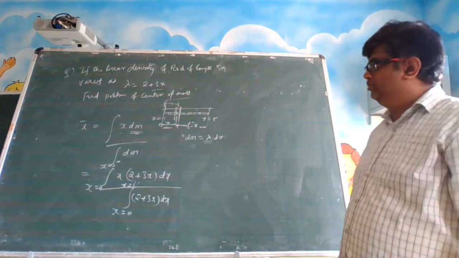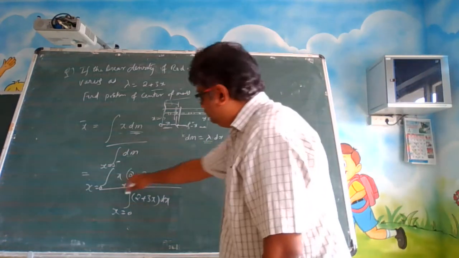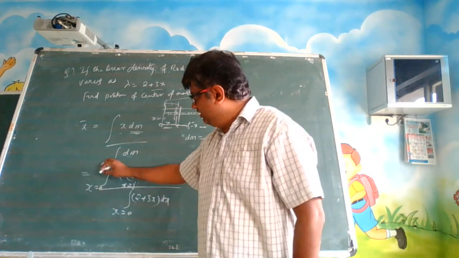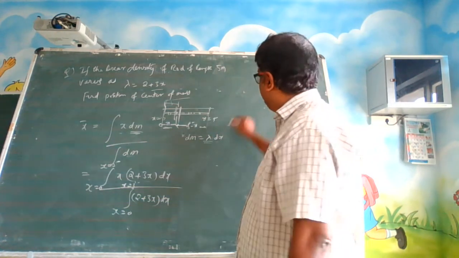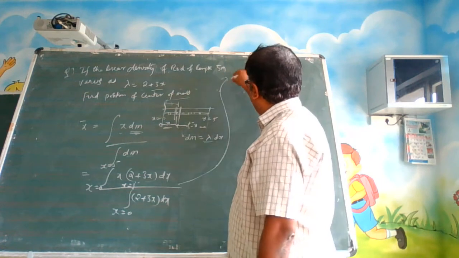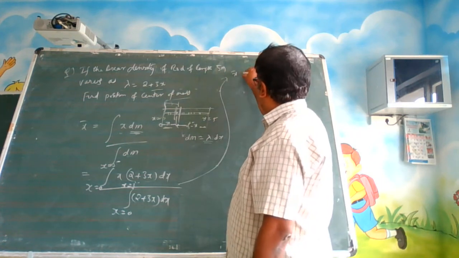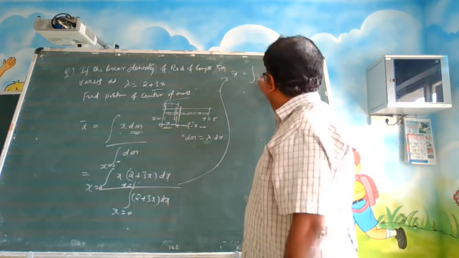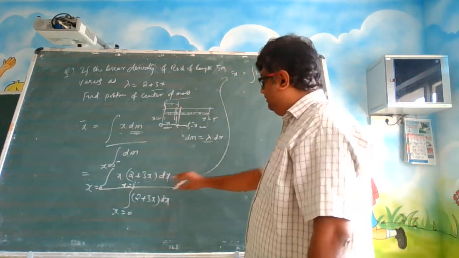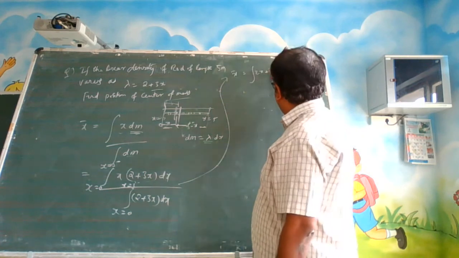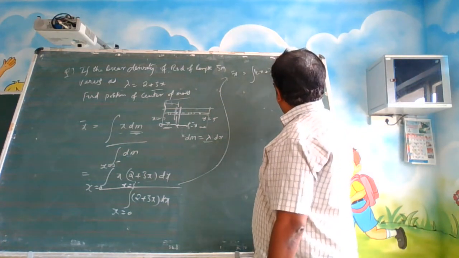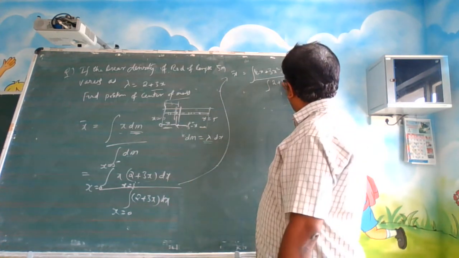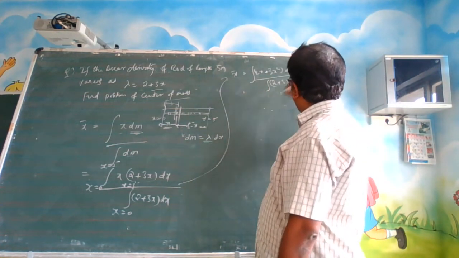So we need to solve this now. This is a definite integral because the boundaries are given. So start calculating. x bar is equal to the integration of x multiplied by 2 plus 3x, that is 2x plus 3x square, dx, divided by the integration of 2 plus 3x dx, from 0 to 5.